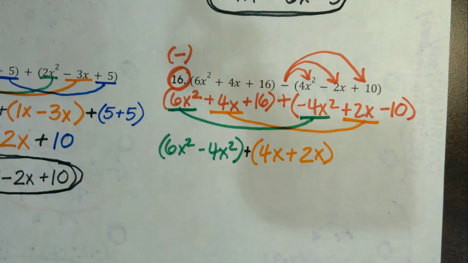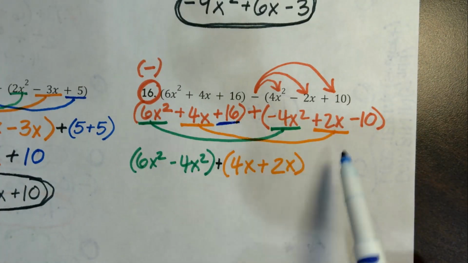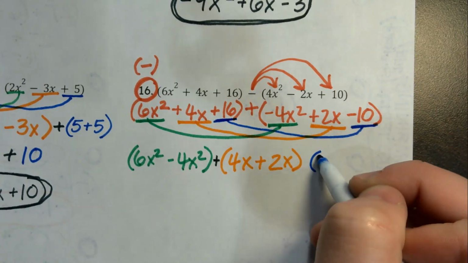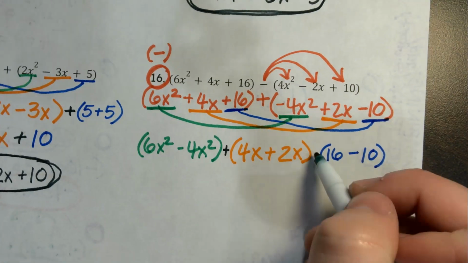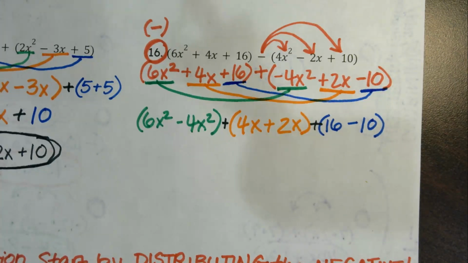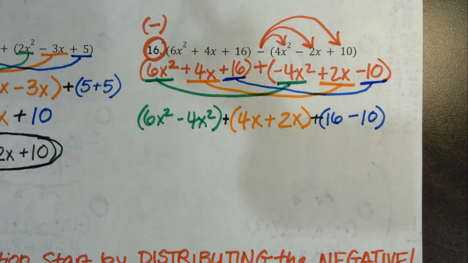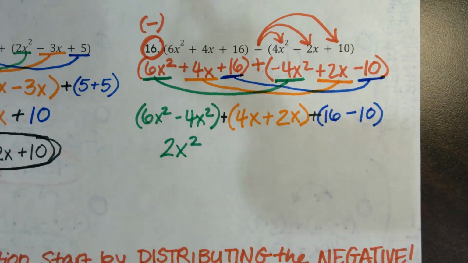And last but not least, good, 16 and a minus 10. So those go together. We're going to group them. 16 minus 10. And I can't forget my plus. Okay. Now we have them all grouped. We just need to combine them with addition and subtraction. So, what is 6x squared minus 4x squared? 2x squared. Perfect.